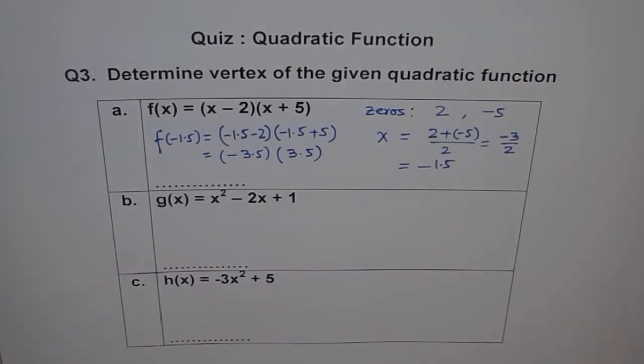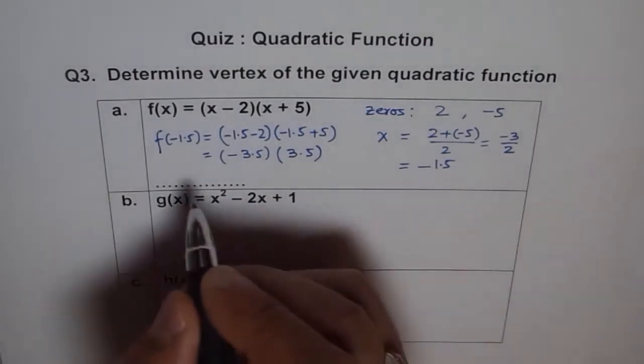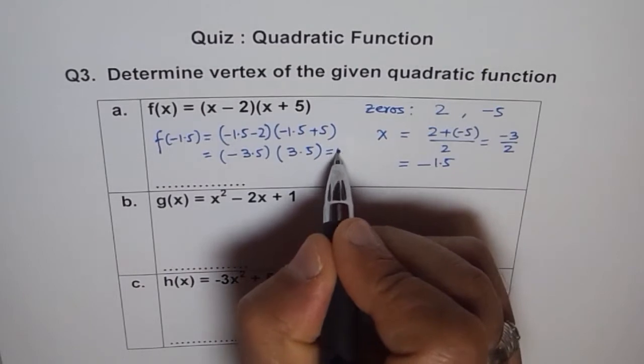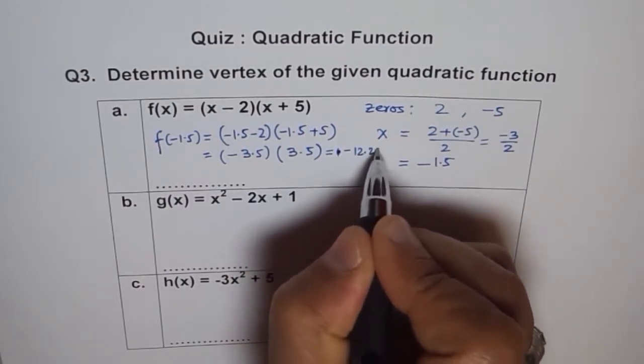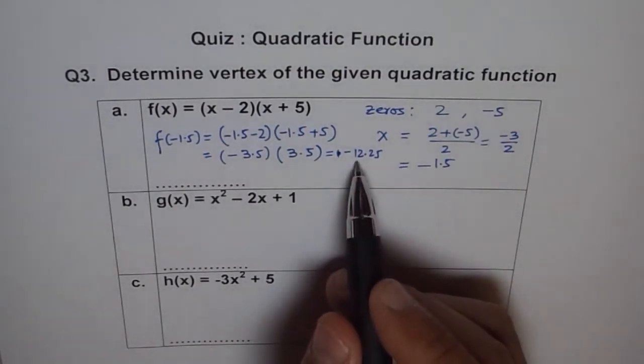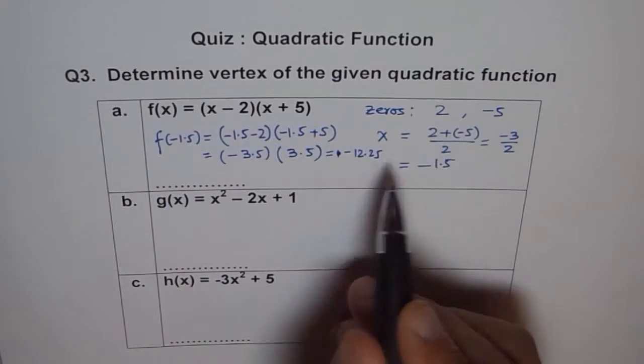And now we can calculate the answer. So we do 3.5 times 3.5 and we get 12.25 as our answer. So this is equal to minus 12.25, correct? So that is the y value of this, correct? Now the vertex is the coordinate point, x and y value.